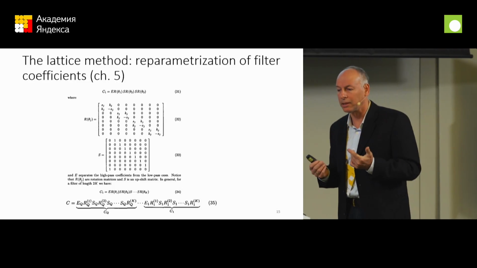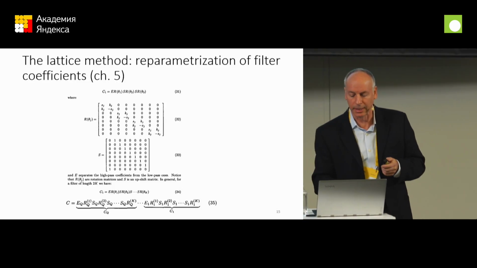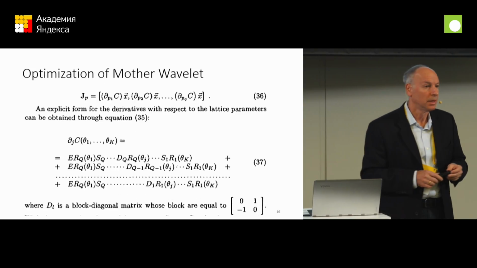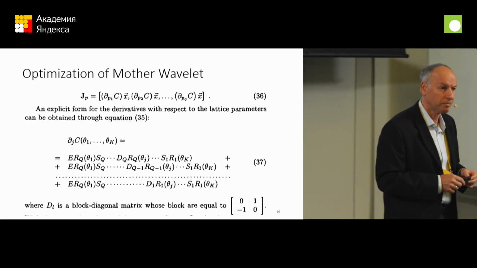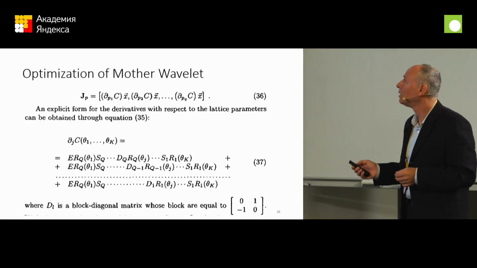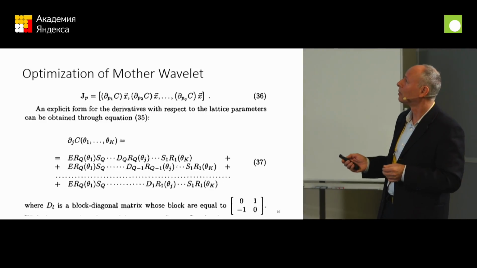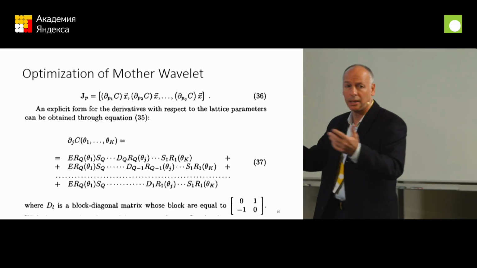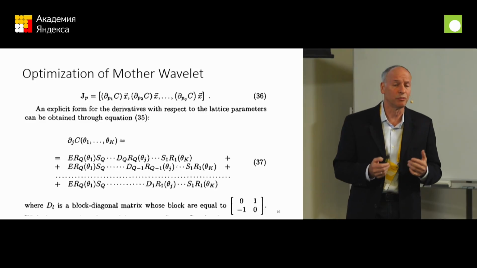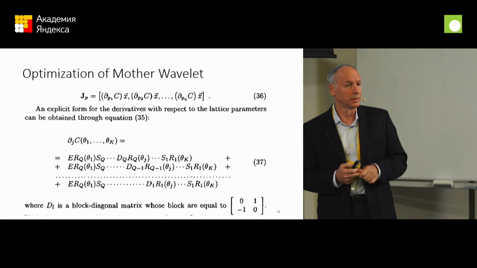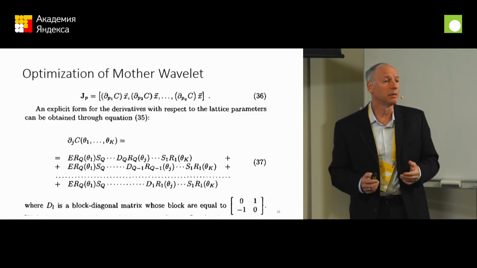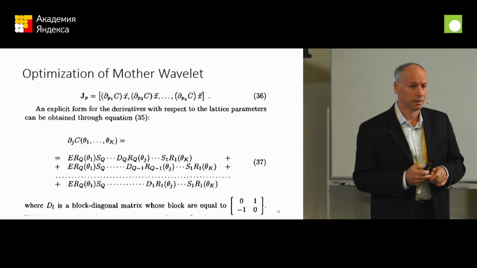And once you do that, all that is left is the optimization. You calculate the Jacobian, or you differentiate this collection C with respect to the different parameters theta 1 up to theta k, which are given for every mother wavelet that you start with. So now you are optimizing in a space of k dimensions to find the optimal mother wavelet.